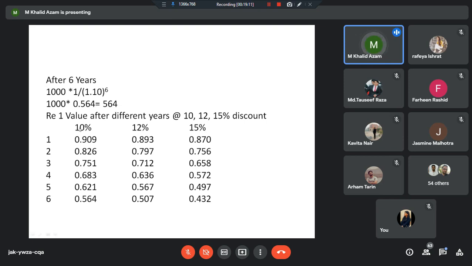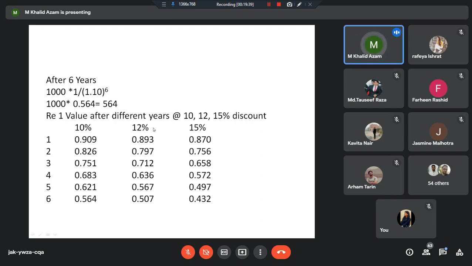In this case also, when the rate is going to increase, the value is going to decrease. See here, when it was 10% at the end of 1 year, and we calculated this present value, it was 0.909. When we increase the rate, time remaining same 1 year, its value has further reduced because the rate of discount you have increased.